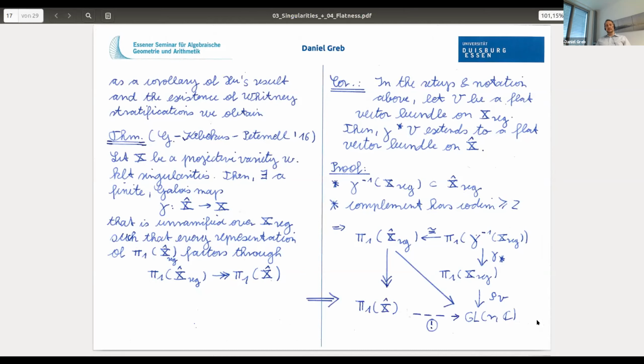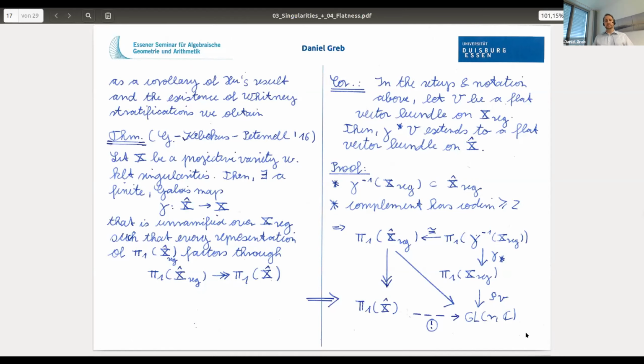This representation factors over pi1 of X hat. And so then you write down the flat vector bundle on X hat using this representation, which is the dashed arrow, and then by functoriality, this is just the restriction of this vector bundle to the open set, which is in the pre-image, is the one that you already had.